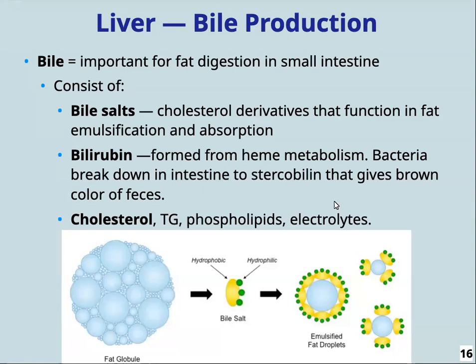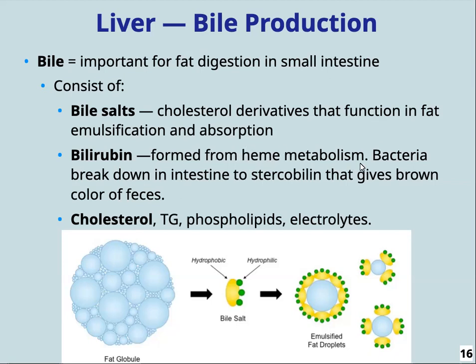Bile is a very important chemical for fat digestion within our small intestine. It's really a mixture of different constituents, including bile salts, which are a cholesterol derivative that functions in the emulsification process of fat. Bilirubin is a byproduct from the breakdown of red blood cells and the heme component coming from the red blood cells.